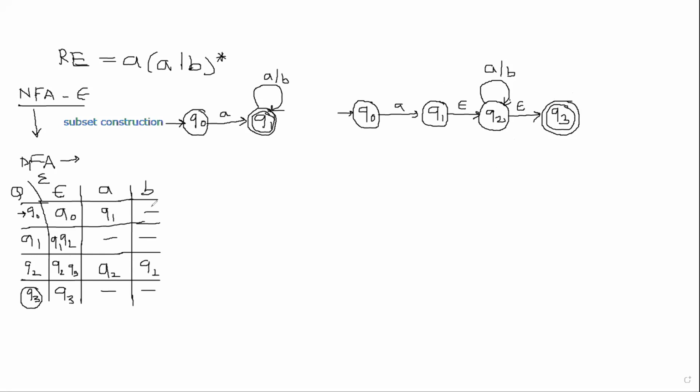Now let us use the steps of the subset construction method. The subset construction method tells you that you have to assume the initial state as the first set of DFA. That is your first step, that the initial state of NFA is also one state of DFA. So I will start with Q0. Q0 is my first state.